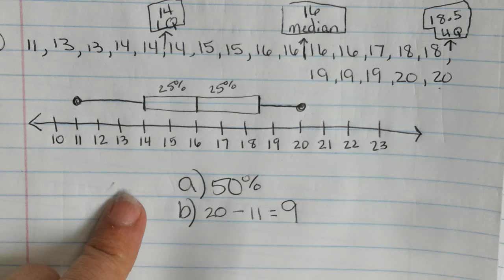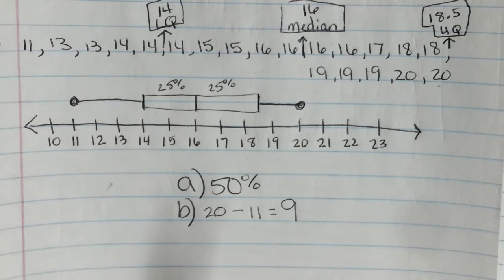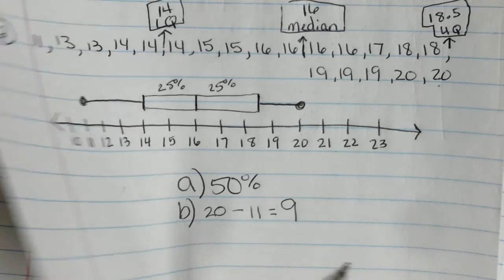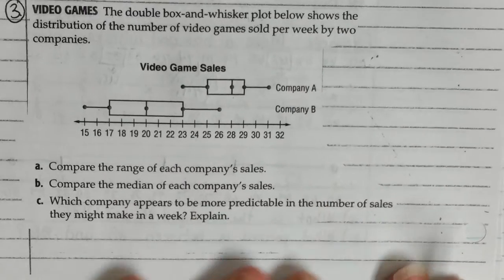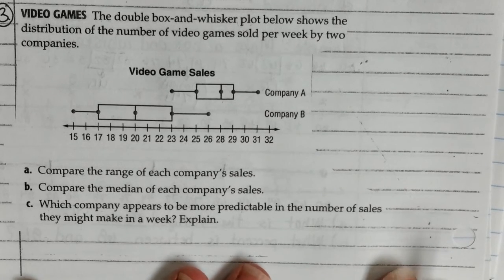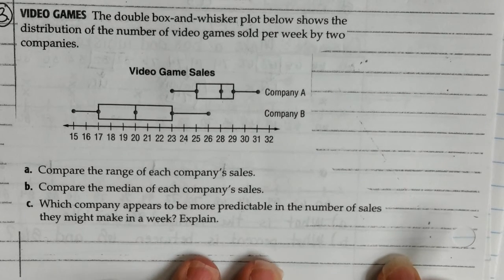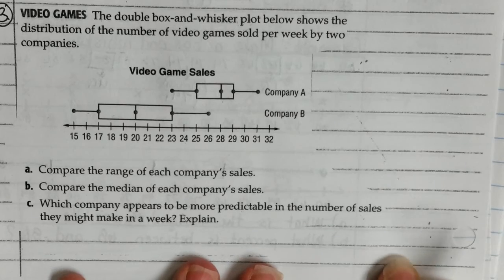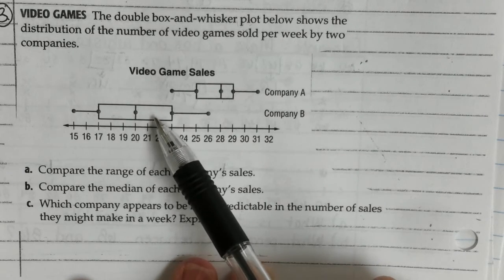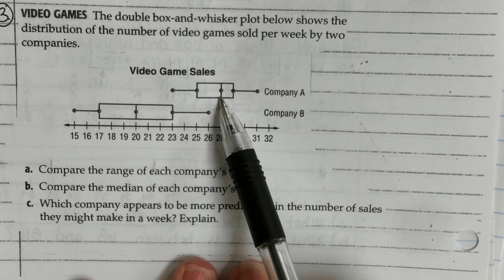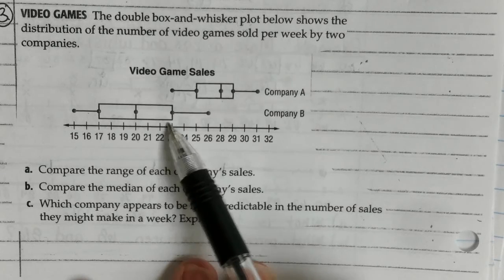You may, yes. Okay. Number 3. This is where we're really getting into the 6th grade stuff, which is what I would call interpreting when there's more than one box and whisker. This is a double box and whisker plot. It's showing the distribution of video games sold per week by 2 companies.